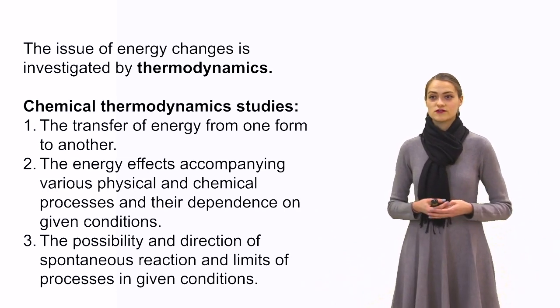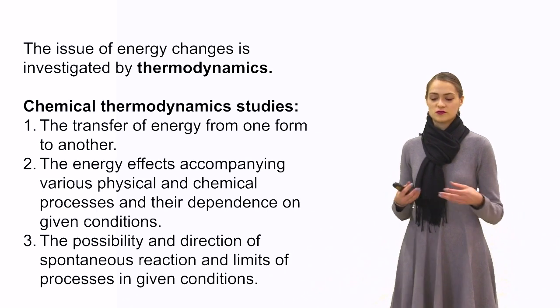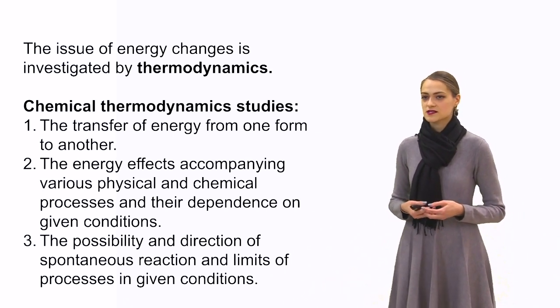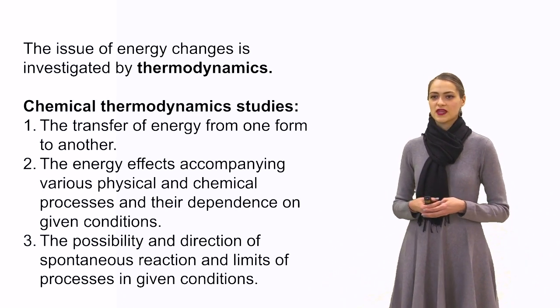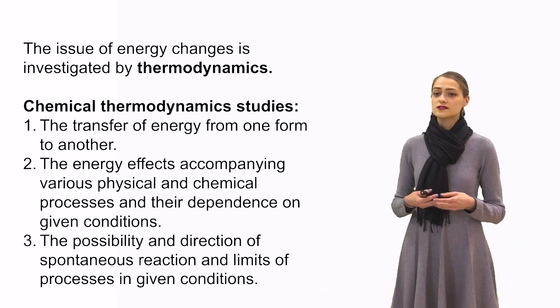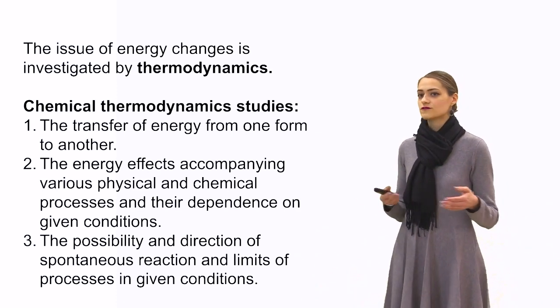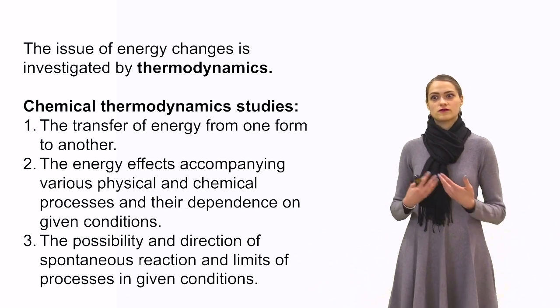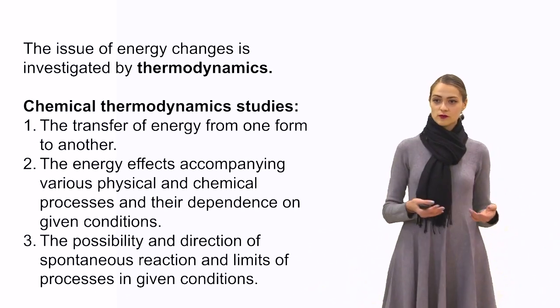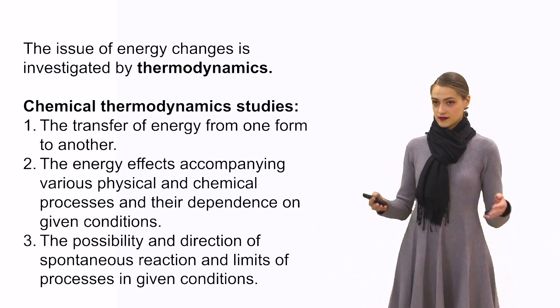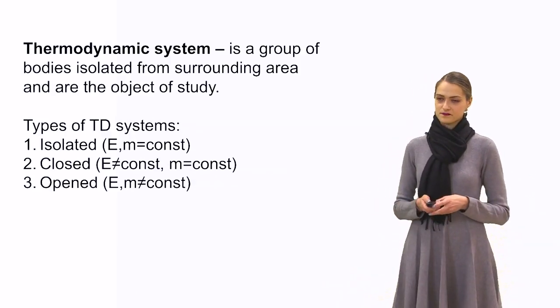Or maybe we need to change temperature, we need to take pressure, or maybe we need to add any substance which we call a catalyst. So the third task of chemical thermodynamics is the possibility and direction of reaction, spontaneous reaction. So maybe we have a forward reaction spontaneous or a backward reaction, and of course we need to know the limits of this process, of course in given conditions.